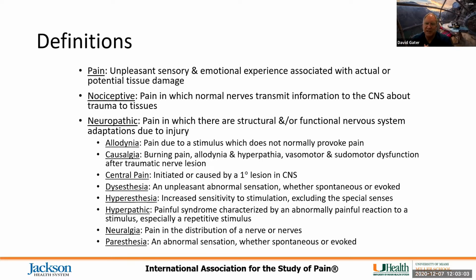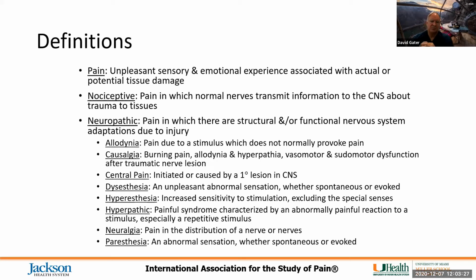Causalgia is a burning pain. It has both allodynia but hyperpathia, and it may include vasomotor and pseudomotor dysfunction, typically associated with a traumatic nerve lesion. Central pain is initiated within the central nervous system, so either the brain or the cord is where the primary lesion occurs.